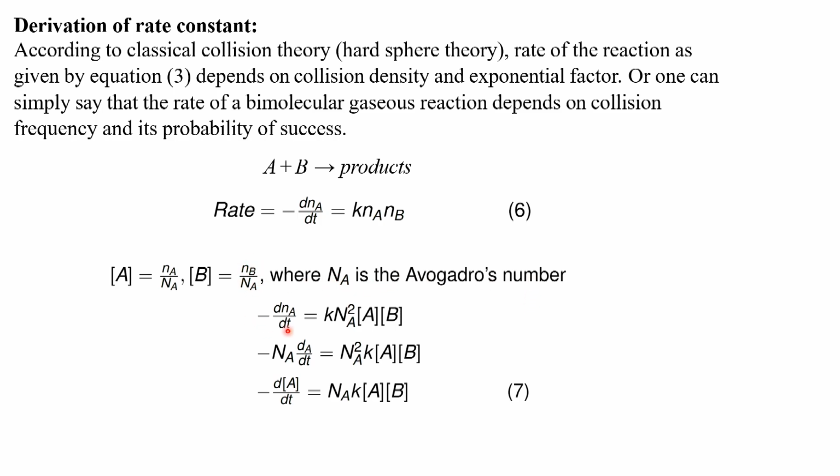So minus dNA by dt is k times Na square.